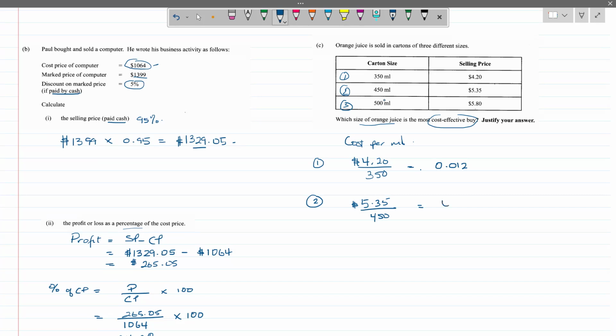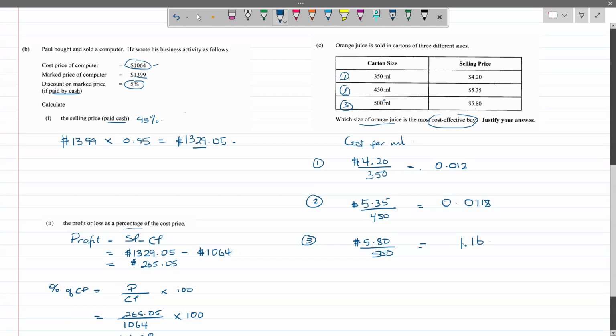That's going to give us 0.0118. Those two are very close. And then we do 580 divided by 500 ml. And that's 0.0116, which is far off.